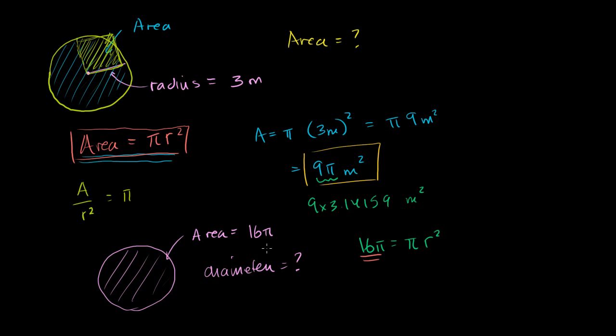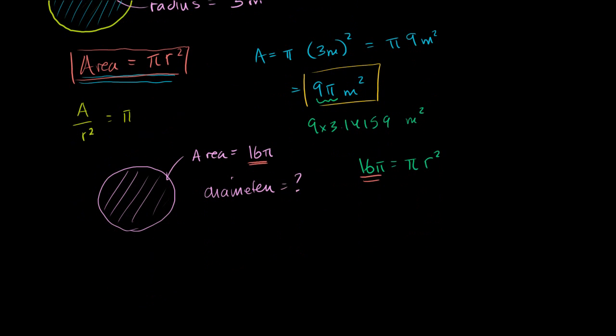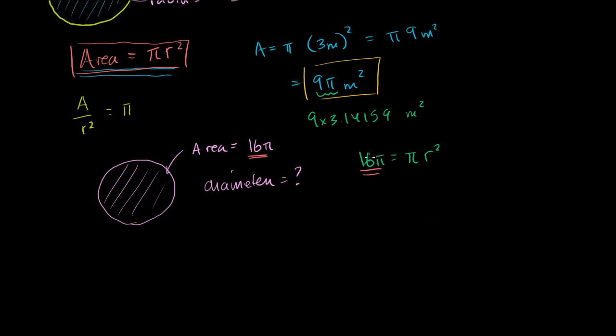Now, if we divide both sides of this equation by pi, we get 16 is equal to r squared. And then you take the square root of both sides, and you get 4 is equal to r. I guess r could also be equal to -4, but we're dealing with distances here. You can't have a negative radius, at least in the world we're living in right now. Just to keep things simple, we want to keep our distances positive.